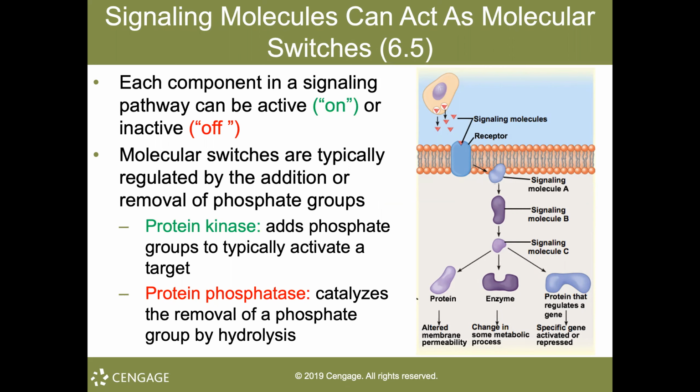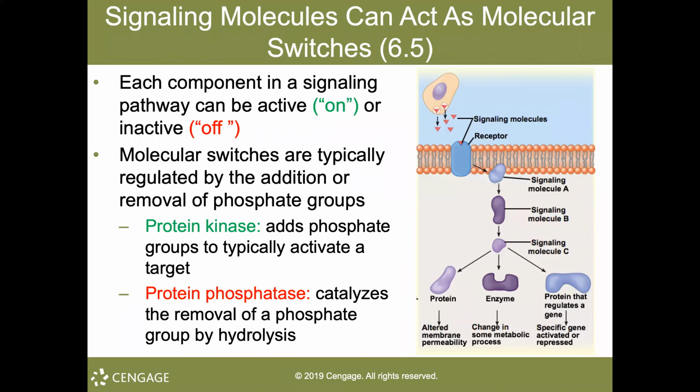Now, remember, I said in order to transmit a new signal, every active molecule must be inactivated. In the cell, there are protein phosphatases that exist. These protein phosphatases will catalyze the removal of a phosphate group.